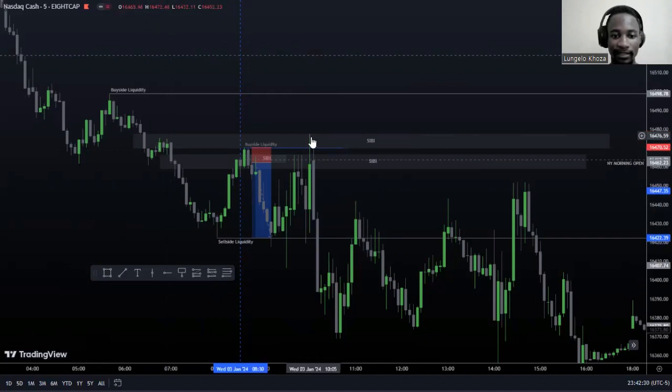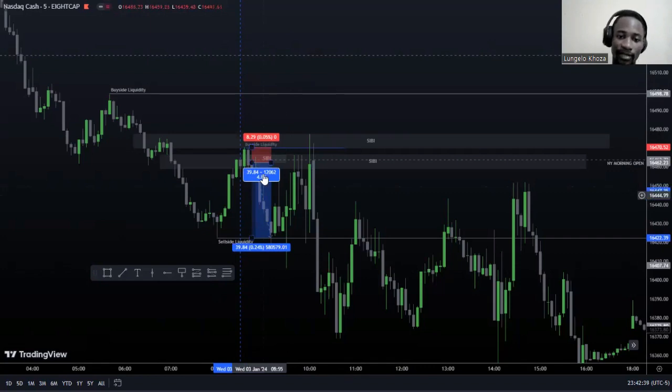What I'm targeting are the next sell stops that will be resting here, because this one's already taken. The reason I entered on this one is because I saw it on the 1 minute time frame. The market came here and made a CB on the smaller time frame. As you can see, I also marked it there, with my stop loss above here.